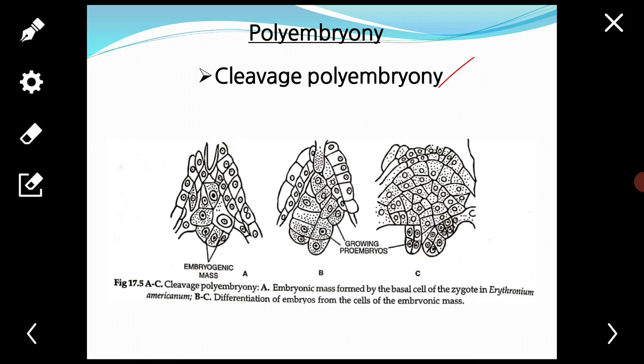Example is Nicotiana rustica, etc. Cleavage polyembryony is common in gymnosperms, but rare in angiosperms.